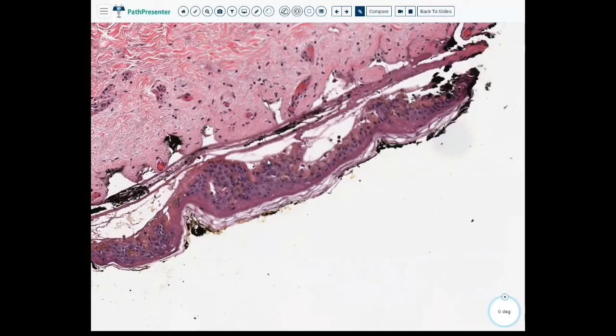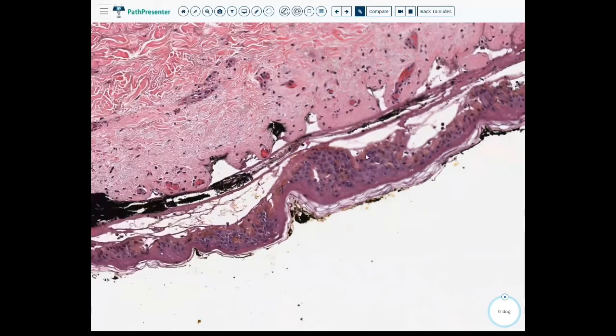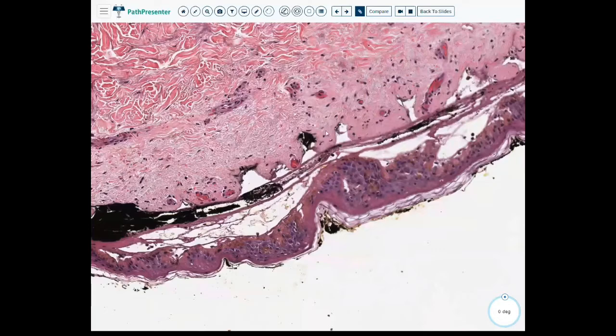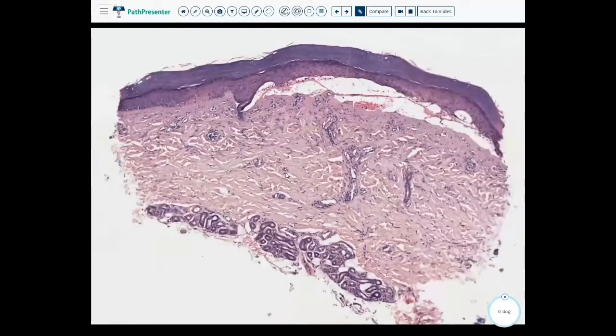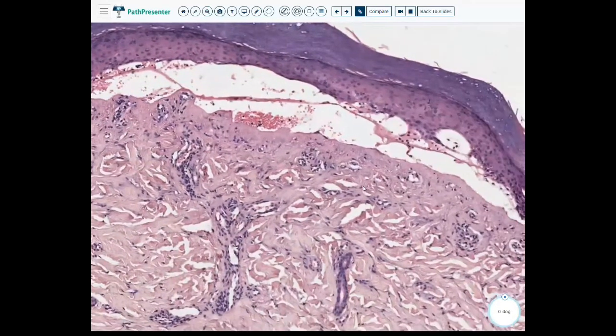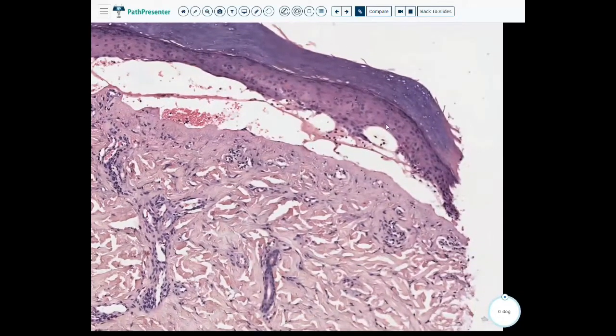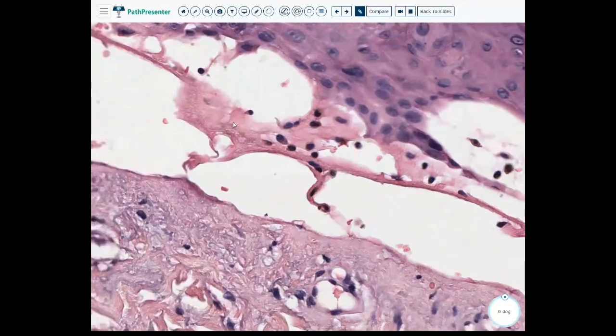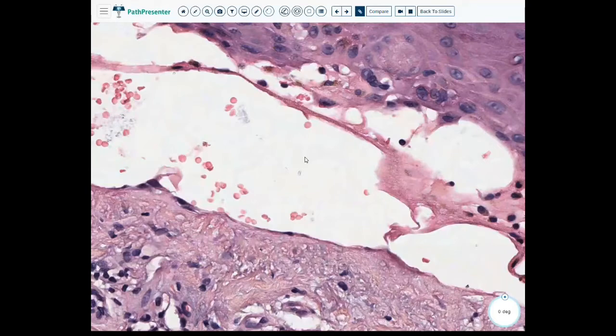Our last case, case 18. So again, this is a little easier to tell than the last case because we don't have all that ink, but we have obvious pathology here. So here's the bulla. We have maybe a little bit of acanthosis, a little bit of hyperkeratosis. But within the bulla itself, there's some red cells and some scattered inflammation, but really nothing too exciting. This is, again, relatively paucicellular.